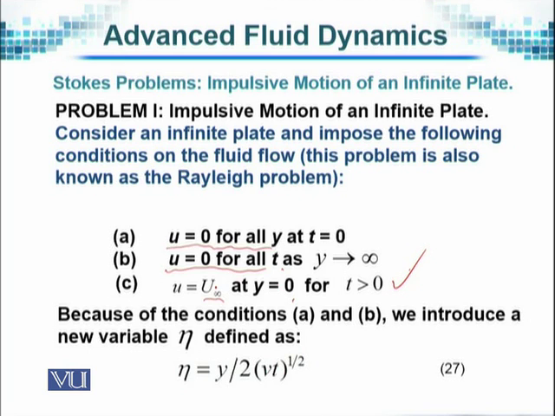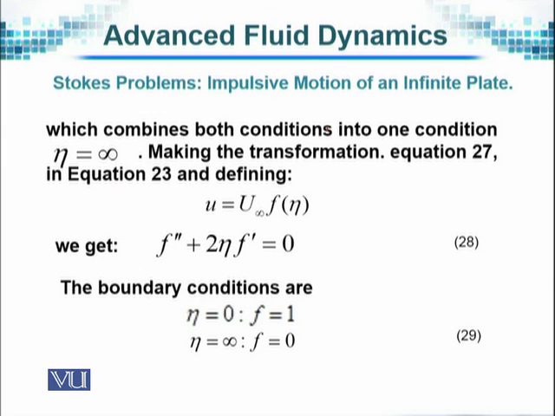The conditions A and B help us to define another variable, and the two conditions can be combined into one. So instead of writing two different conditions, we can write one, and therefore these three conditions will be reduced to two. We define a variable eta such that eta is equal to y over the square root of 2 nu t, and by combining the two conditions into one, we take eta equal to infinity.